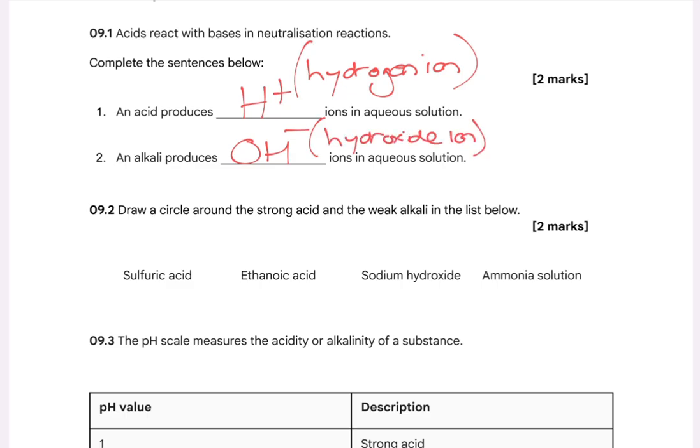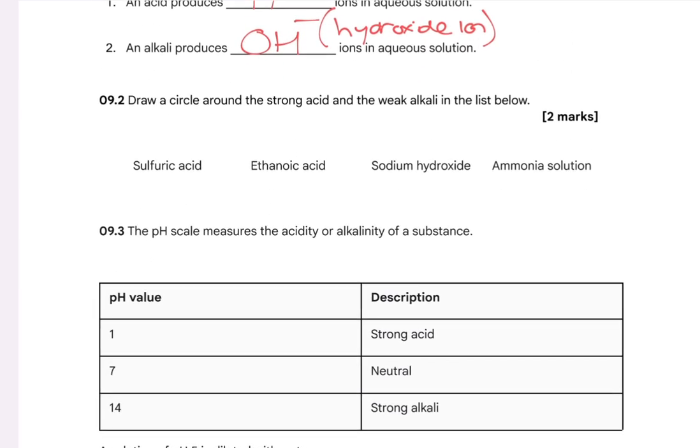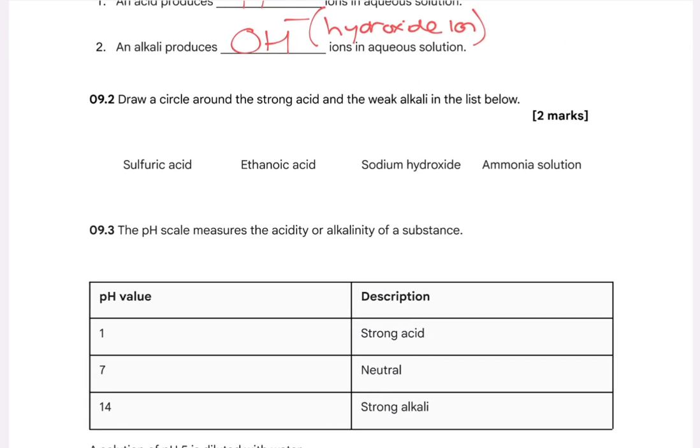And so when we then go into a list of 2 different acids and 2 different alkalis, so sulfuric acid and ethanoic acid, together with sodium hydroxide and ammonia solution, we've got to, in this question, identify the strong acid and the weak alkali. Now, in the previous question earlier on, we've already seen that sulfuric acid is a strong acid. We had a pH of between 0 and 3, so sulfuric acid is a strong acid.